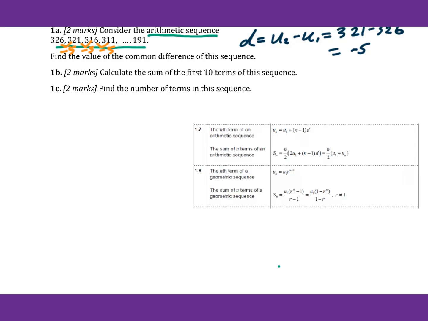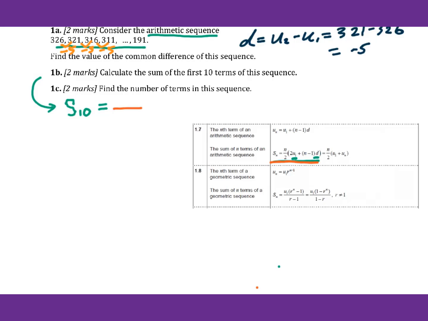Calculate the sum of the first 10 terms of this sequence. Since we are given n, that's 10, and U sub 1 and also D, we have to use this formula. You will get S sub 10, which means for this formula, every single n you need to change into 10.